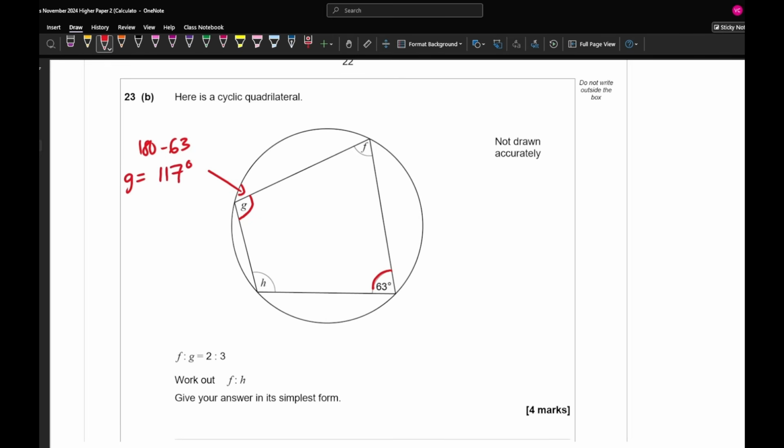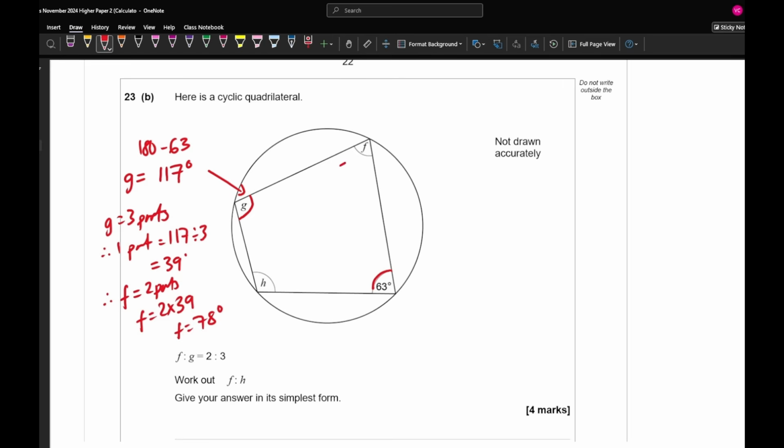Now, if G equals 3 parts, then one part is going to equal 117 divided by 3, and that gives me an answer of 39 degrees. So therefore, if F equals 2 parts, then F is going to be 2 times 39, which gives me an answer of 78 degrees.